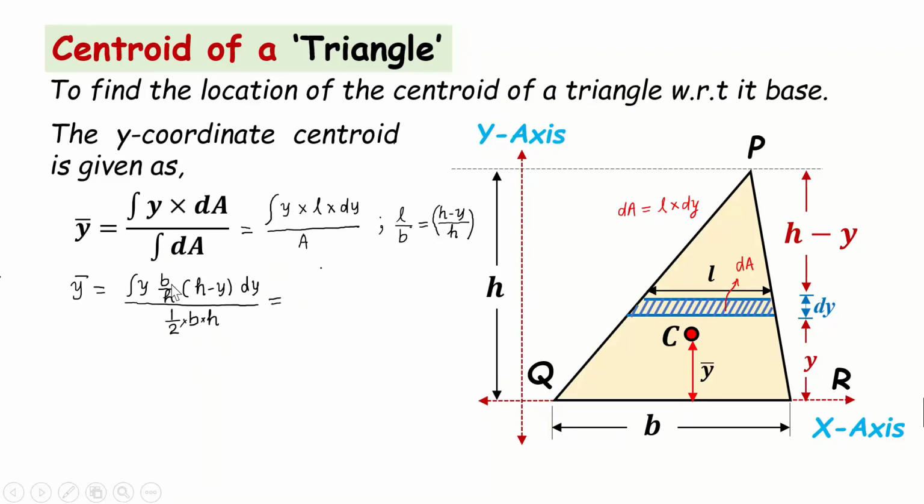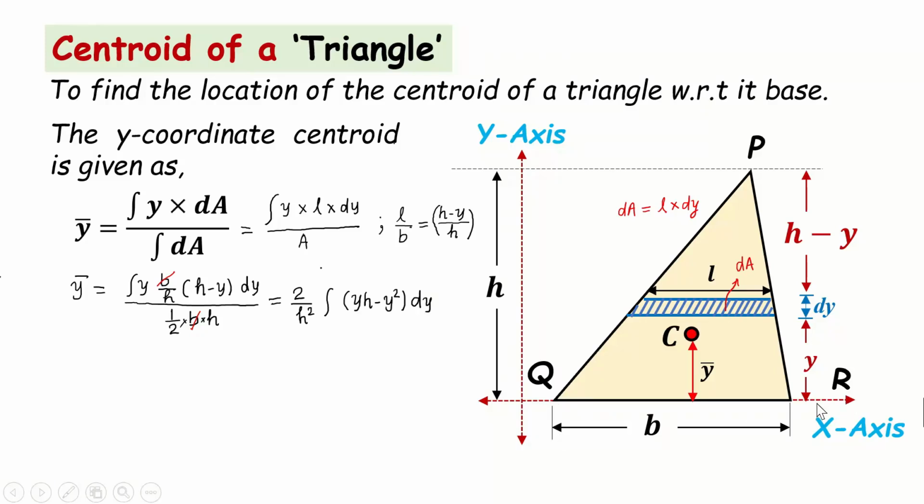Now if you see here, friends, in the numerator and denominator we have got B. So B will be cancelled out. B is a constant, so it cancels out. So here you'll be getting 2 by h square, integration of (yh minus y square) dy.